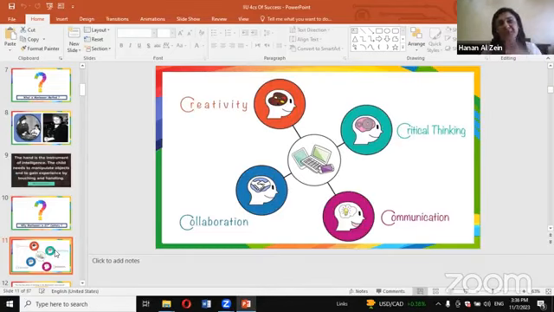Actually, these interdisciplinary approaches foster what we call the learning of innovation, the learning of creativity, the learning of critical thinking.